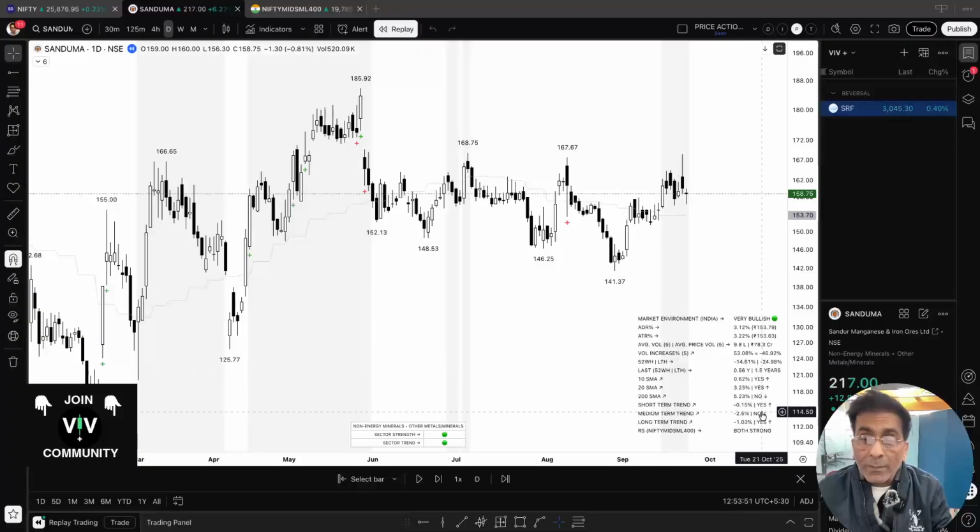You can see the medium term trend, what I told you, that the medium term trend is the weekly trend. The weekly trend was not positive yet, but the daily trend was positive.